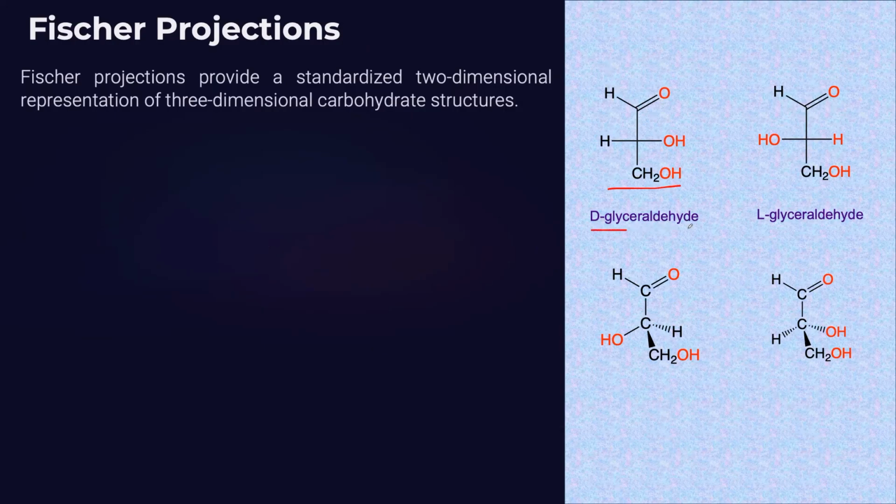Examples are D-glyceraldehyde and L-glyceraldehyde. Each has two hydroxyl groups, but what you notice is the arrangement of the hydroxyl group. In one case it is on the right side, and in the other it is on the left side. This notation was developed by Emil Fischer.